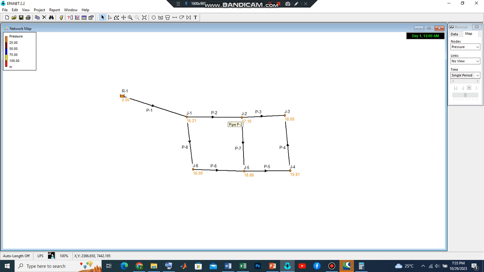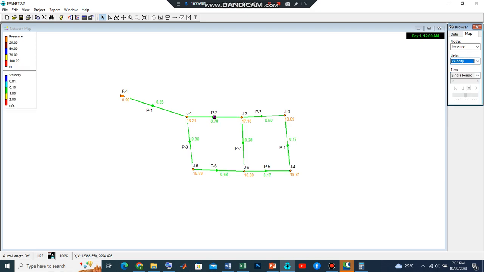Now, remember, the pressure is 16.21 meters, while the velocity is about 0.78. What this means is that it's just slightly above the average operating velocity. So let's reduce this, and then let's run. We have reduced the pipe size. So let's run the simulation again.